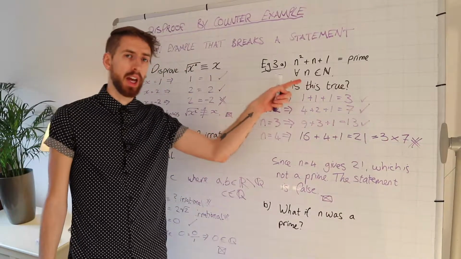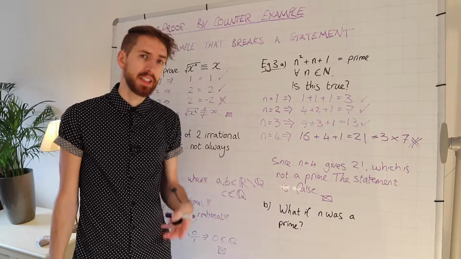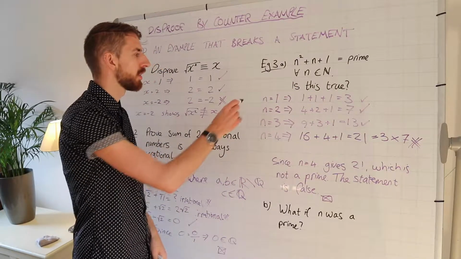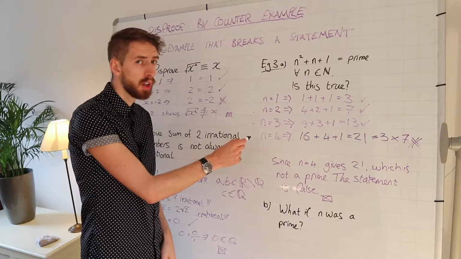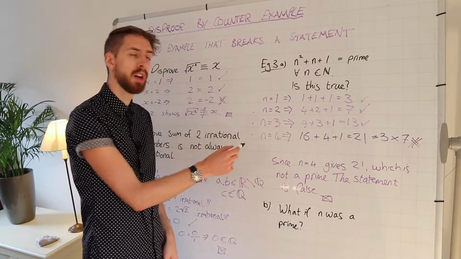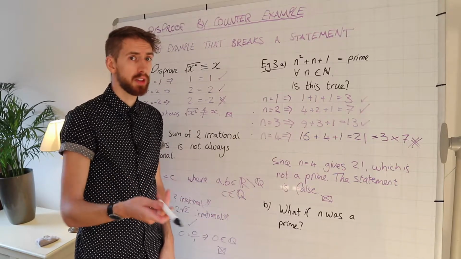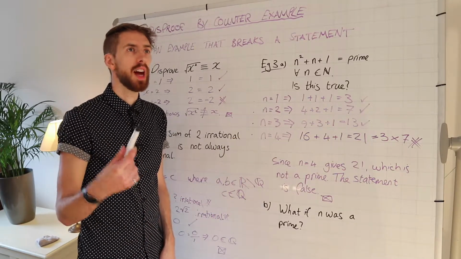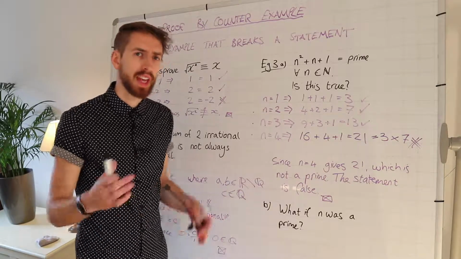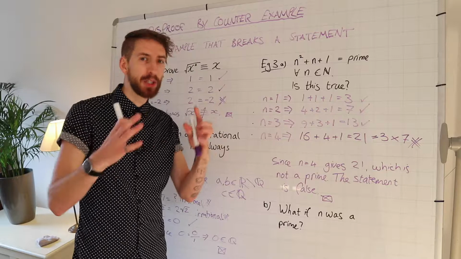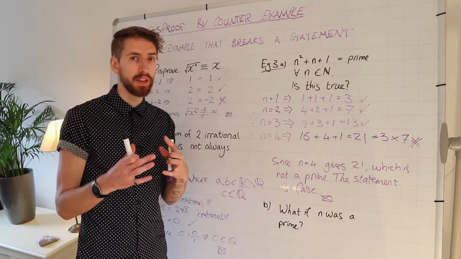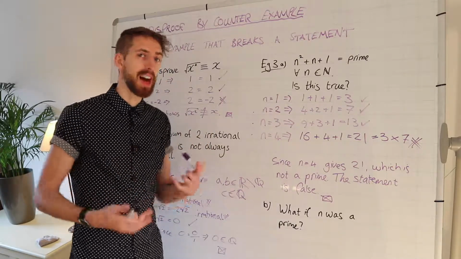So the n that you put in, instead of being a natural number, it itself was a prime. So you could do this one, this one, this one, but this one, 4, is not a prime. So you can't do that. You can do 5, you can't do 6, you can do 7, can't do 8, and so on. So again, you have to do the exact same thing, but the numbers you're putting in are reduced in size. You've got a smaller set of numbers, which means it might be harder to find it.